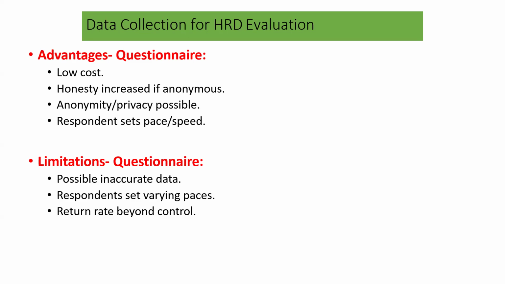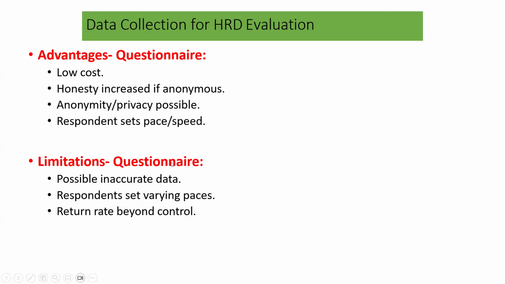Because questionnaires are given anonymously. Anonymity and privacy are possible with this method, and the respondent sets the pace or speed, because they can quickly fill in the questionnaire and submit it. With this method, feedback can be quickly obtained. The evaluations can be done very quickly.